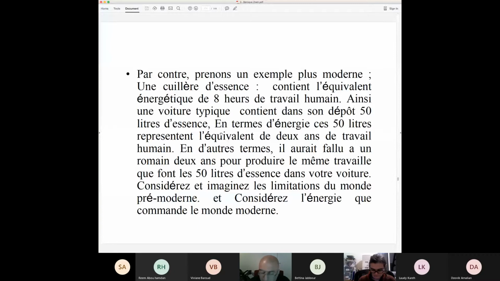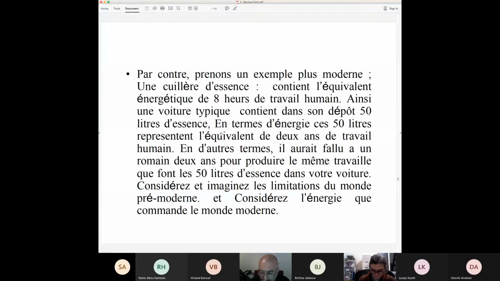It could be a spoon or a teaspoon. Of this spoon of gas, in terms of energy, it contains something like the equivalent, and this you can read in the text I'm going to give you, of 8 hours of human work.